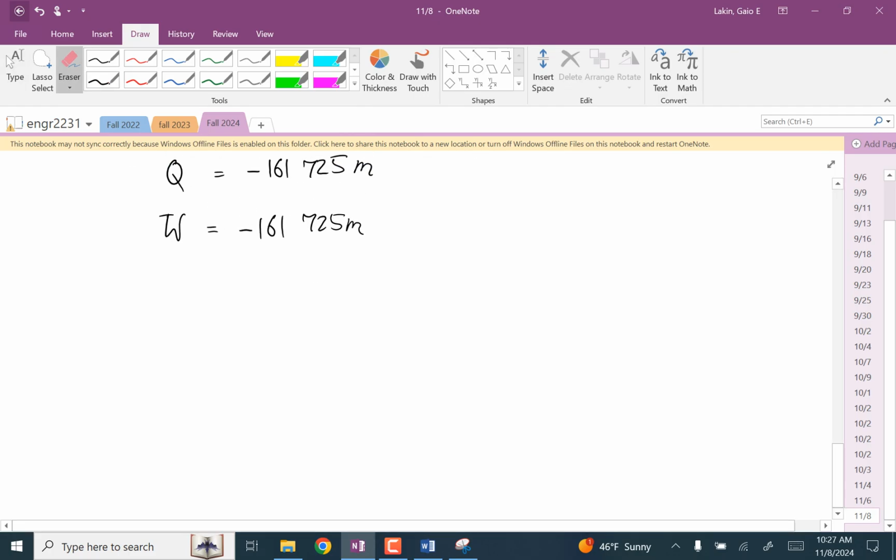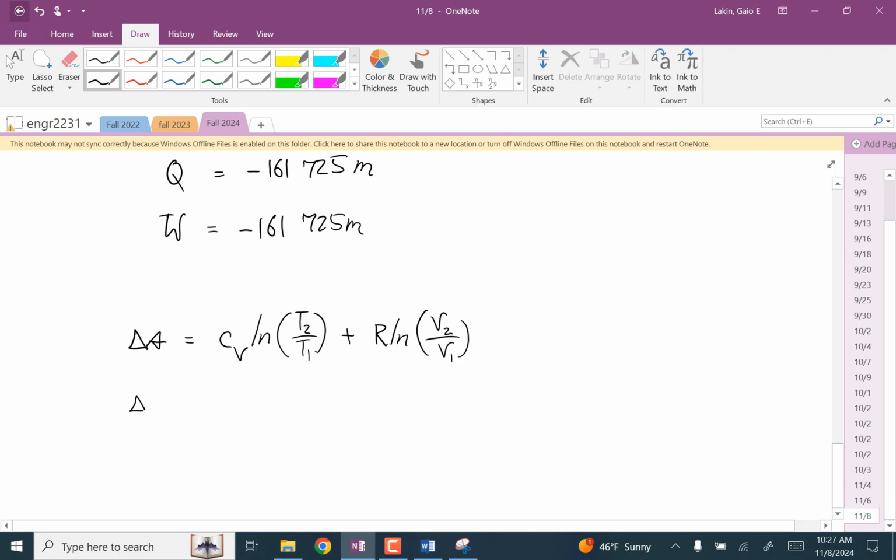So remember, we have these two equations. Delta S is equal to Cv times the natural log of T2 over T1 plus R times the natural log of specific volume 2 over 1.